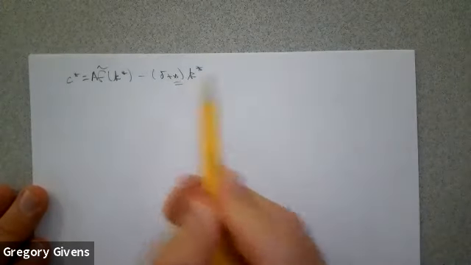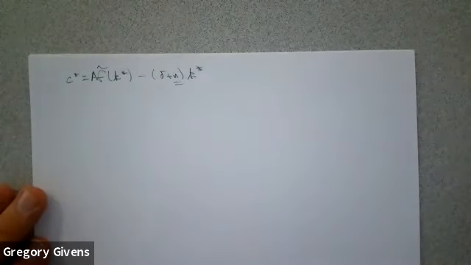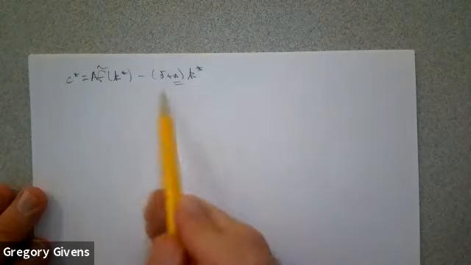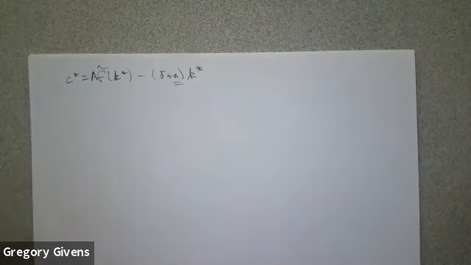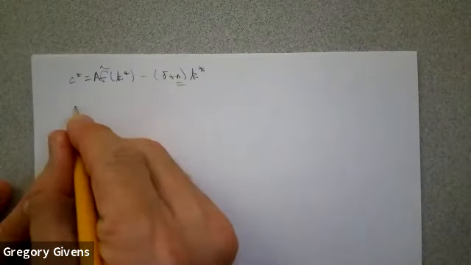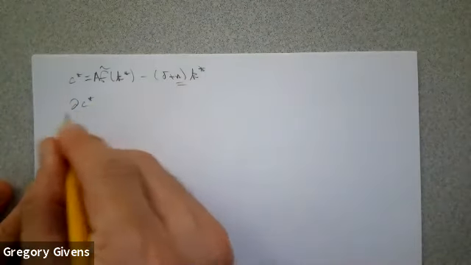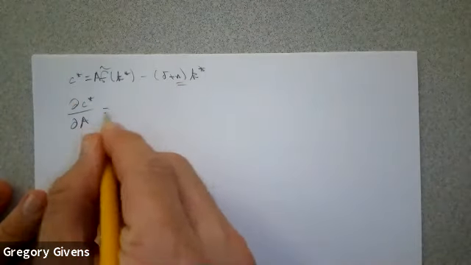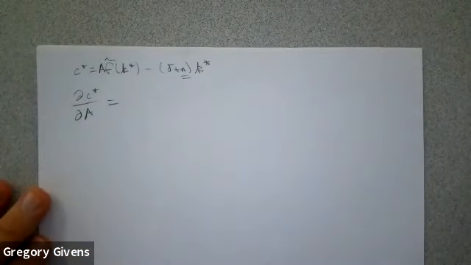Obviously, population growth does affect steady state consumption in the Ramsey model. It just doesn't affect the capital stock, because N shows up in this consumption equation, right? What is the partial of C star with respect to A equal to? Let's do that comparative static.